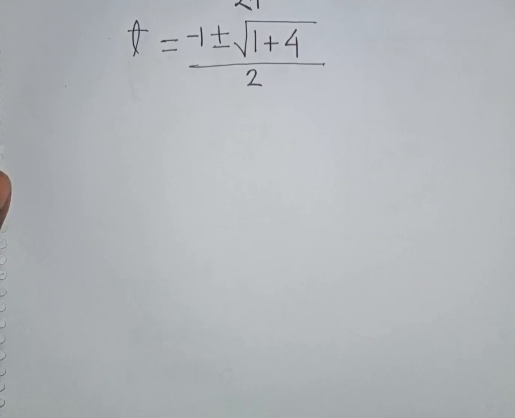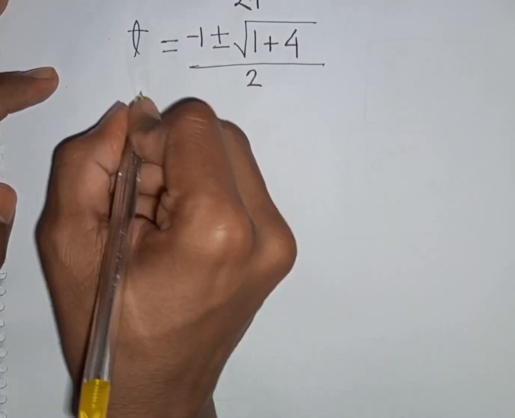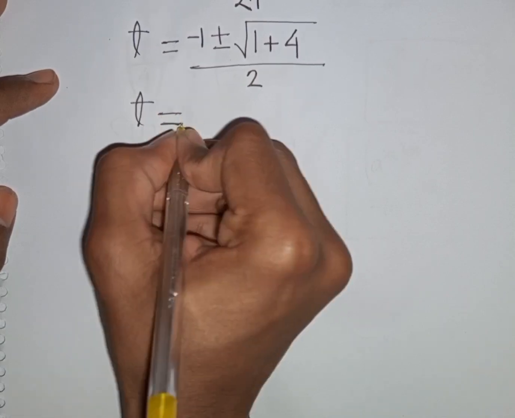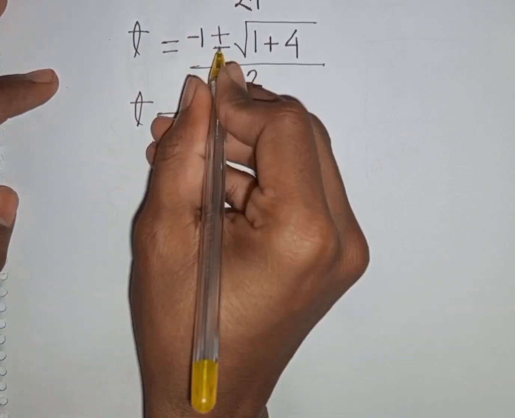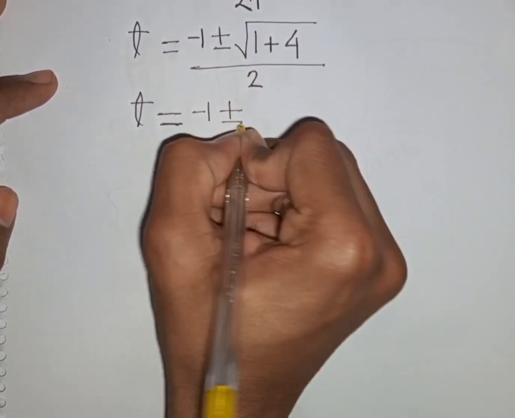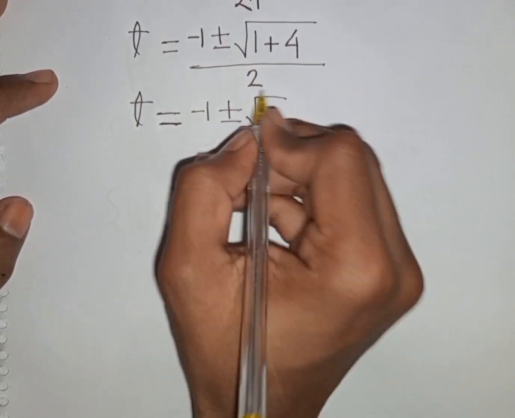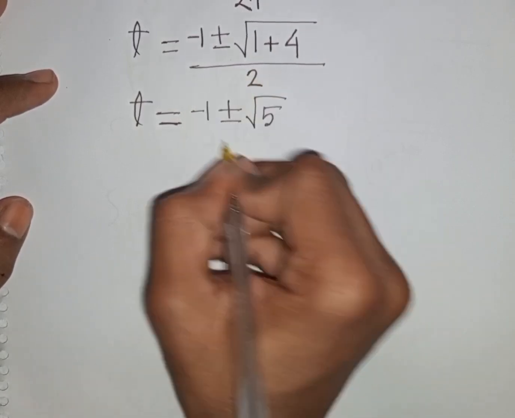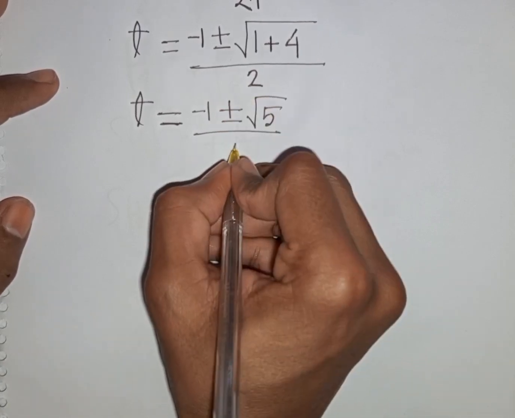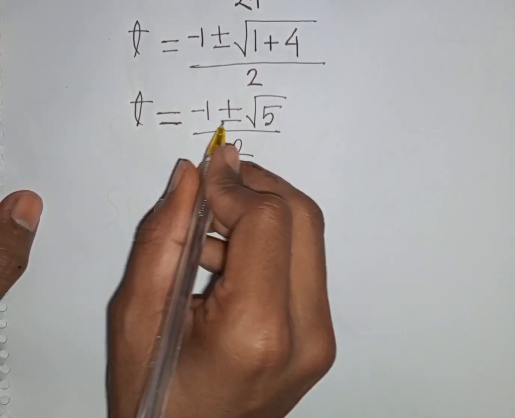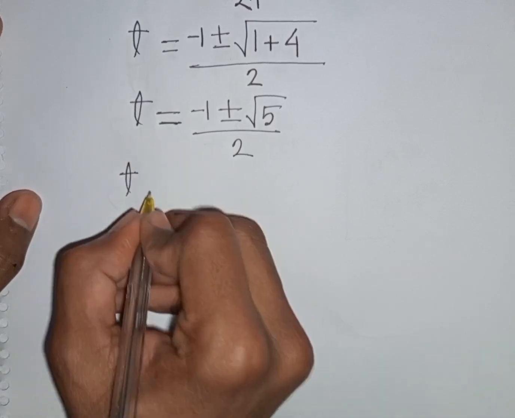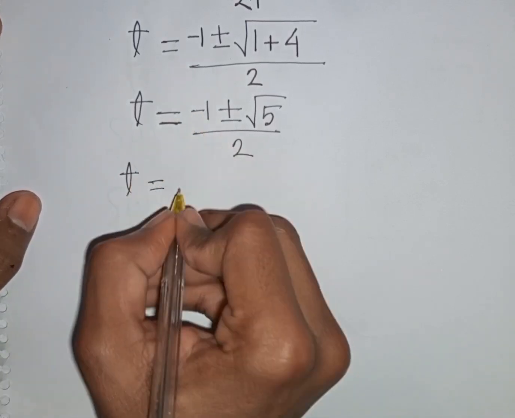Now I can write t is equal to minus 1 plus or minus square root of 1 plus 4, that means 5, divided by 2. Now we see here two cases.